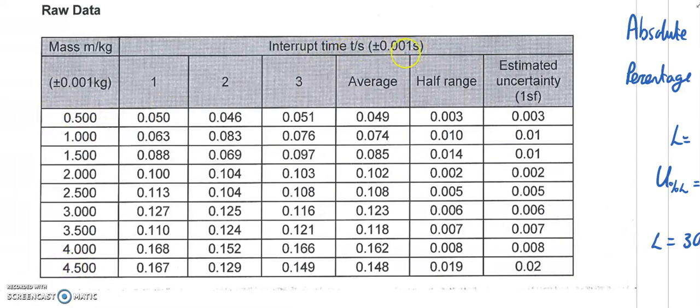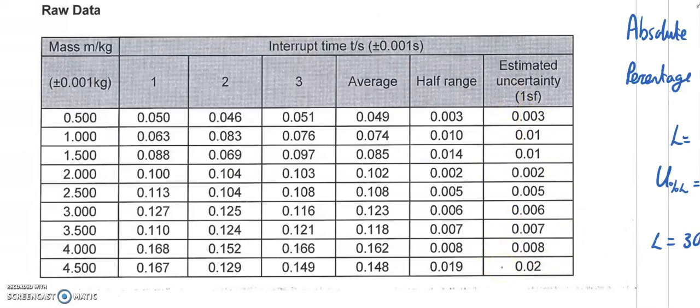We said we could measure times down to 0.001 seconds, so your time should be quoted down to 0.001 seconds. The average, similar. The half range, the same. The estimated uncertainty we're now going to talk about.